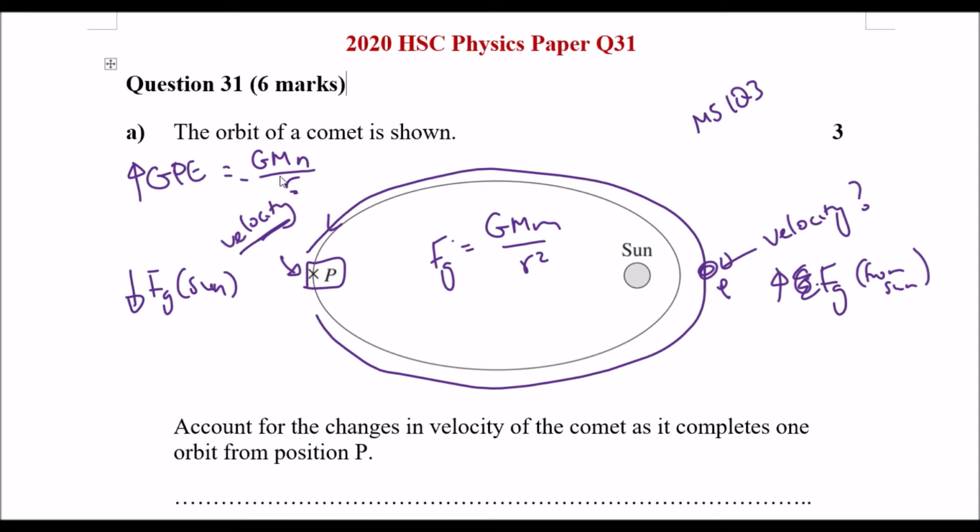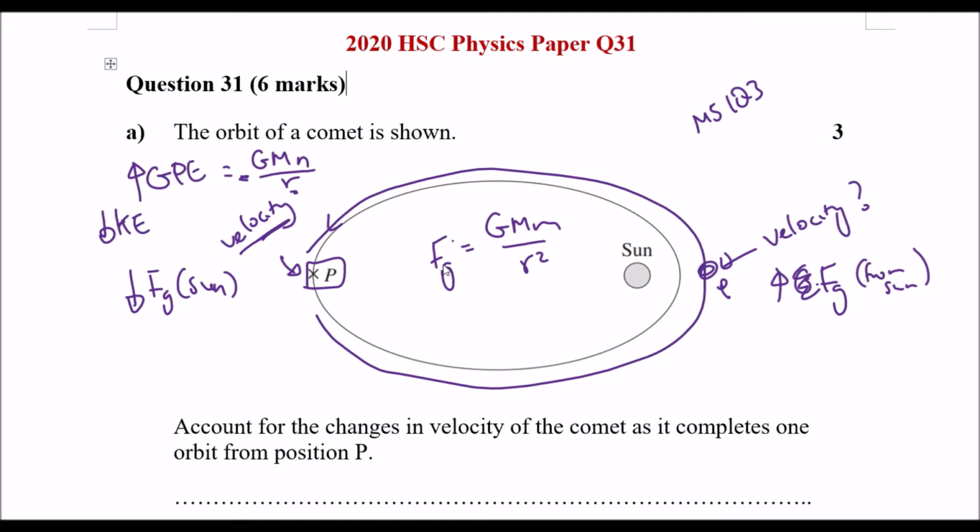So we can expect that the gravitational potential energy is much bigger, or more negative, on this position than this position here, which means that we will have a very low kinetic energy. And as we know, kinetic energy is directly related to velocity. Okay, so we can expect that the velocity would also be quite low here in comparison to this position here.